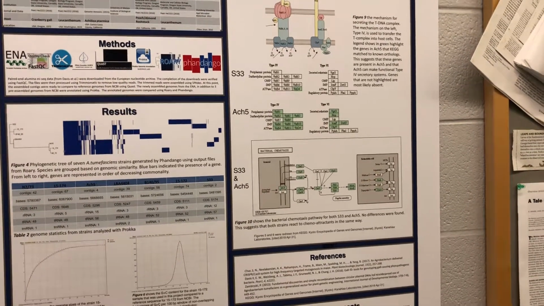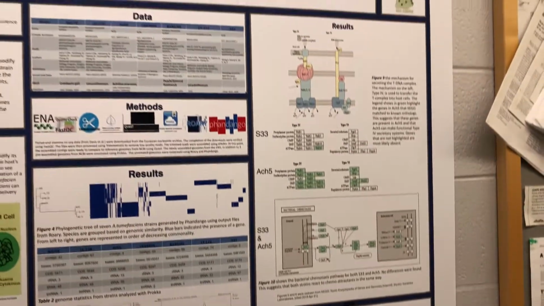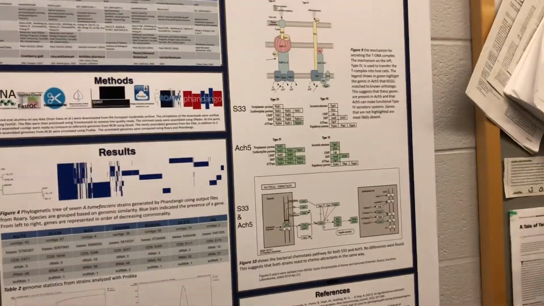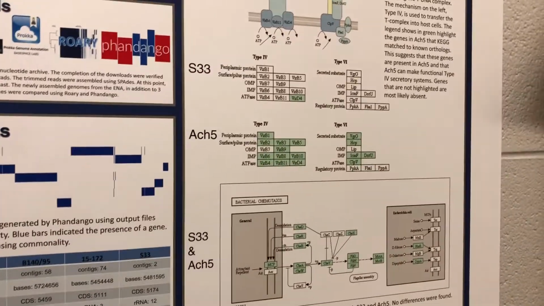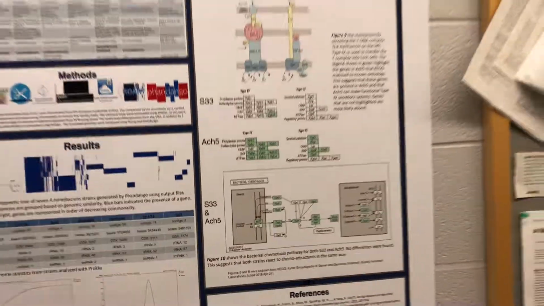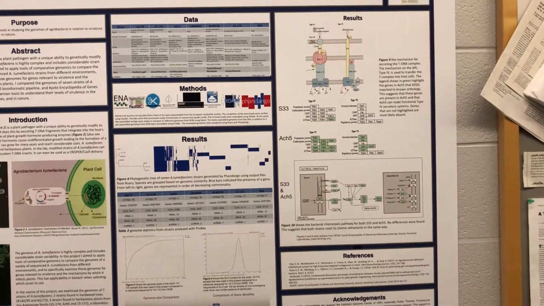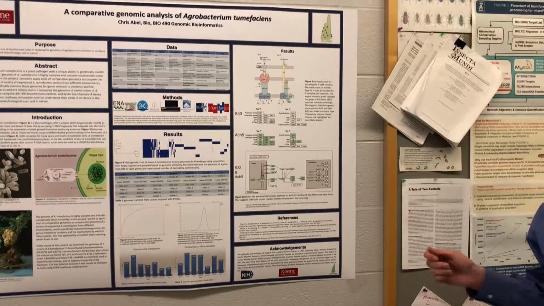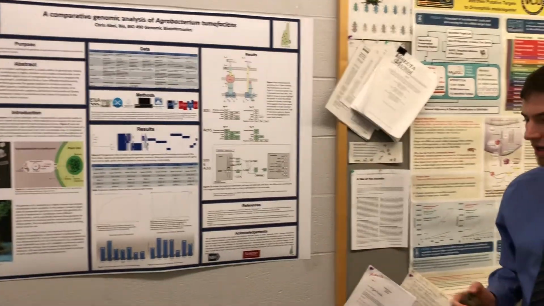So that suggests that it might not be capable of infecting plants, or at least might have decreased virulence compared to the Act5 strain that has most of these genes present, or at least they were matched to known functional orthologs that are known to KEGG.